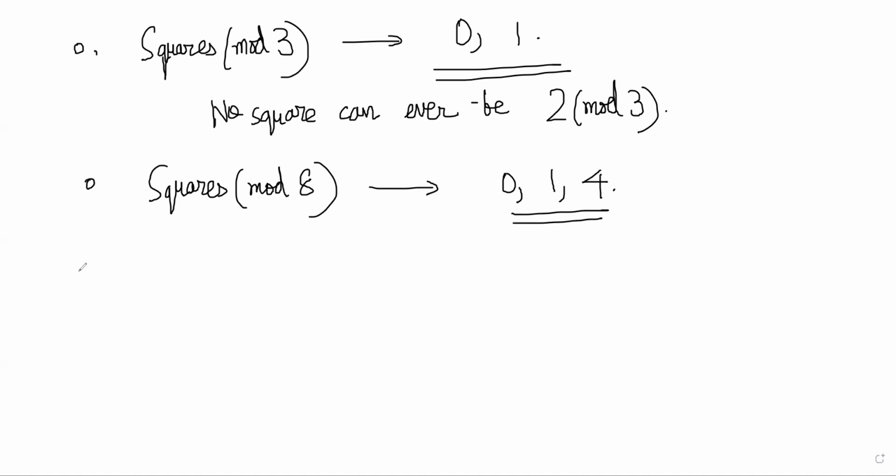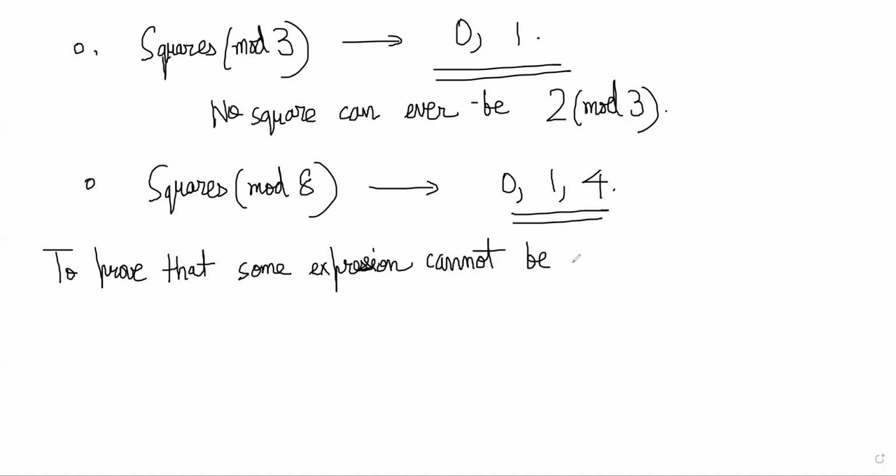So what this tells us is an alternate strategy to prove that some expression cannot be a square. We get an alternative method.